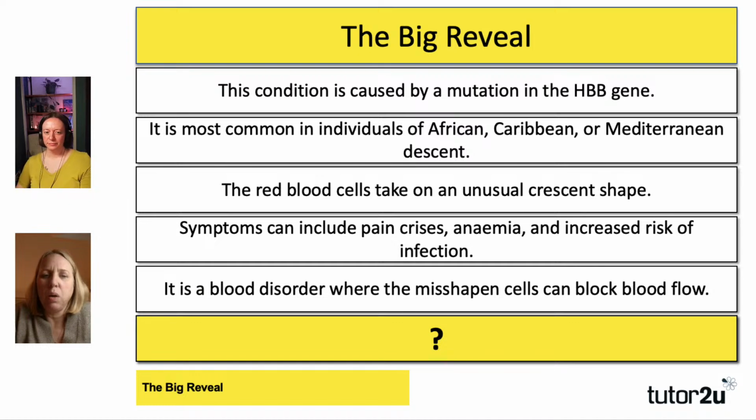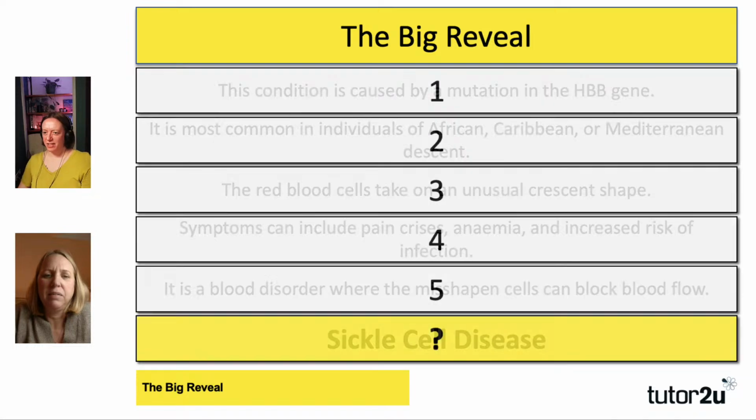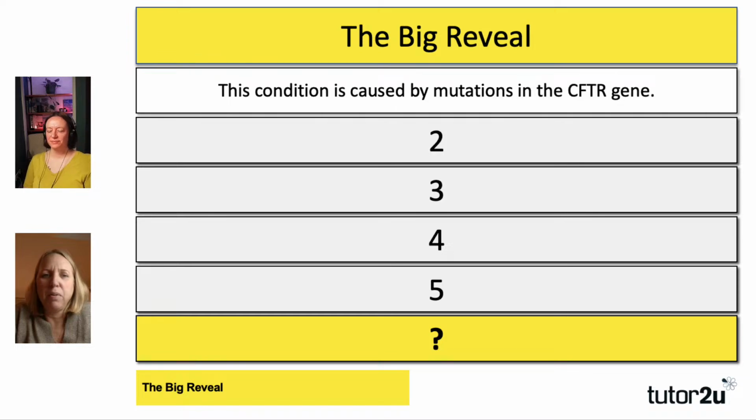It's a blood disorder where the misshapen cells can block blood flow. Yeah, sickle cell disease. Well done. Sickle cell. Well done, my life, for being straight in there, and Asosa as well. Okay, I think we've got one more of these. Or no, two more. Okay, keep going on your conditions.